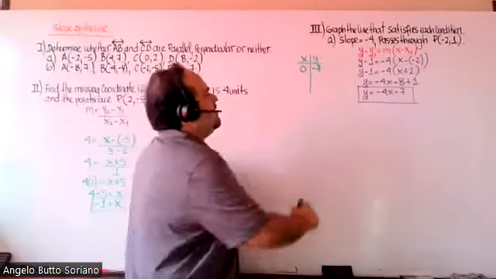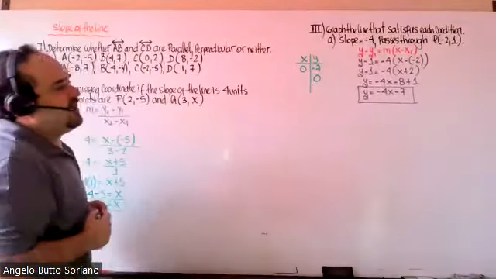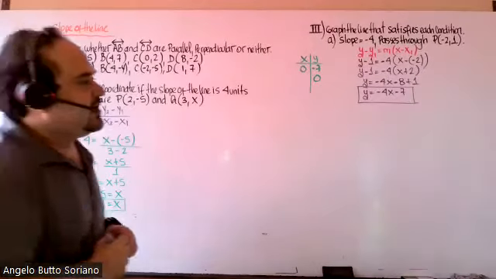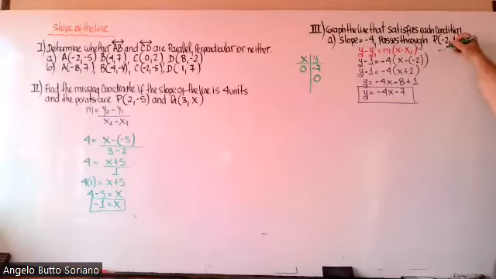Now the opposite: when y equals 0, what will be the value of x? It's simple. The only thing we must do is set this equation equal to 0. -4x minus 7 equals 0. -4x equals 7, and x will be equal to -7 over 4.